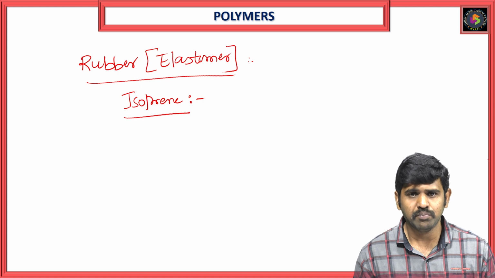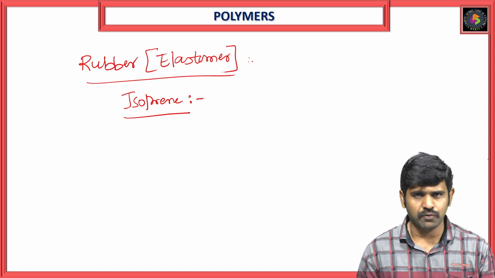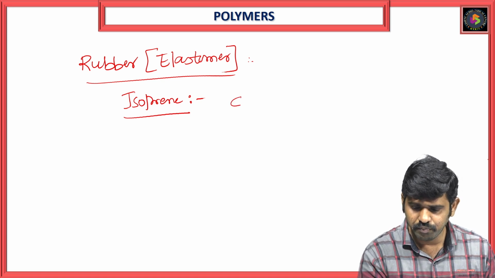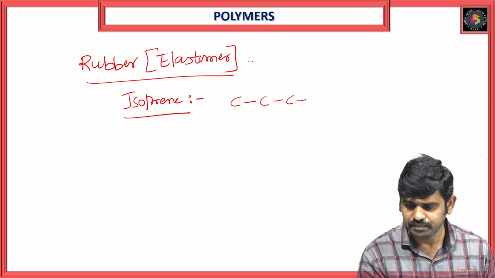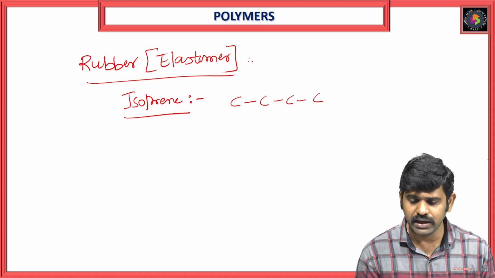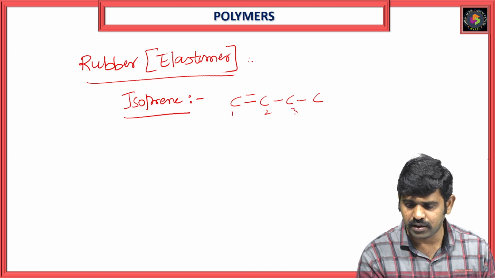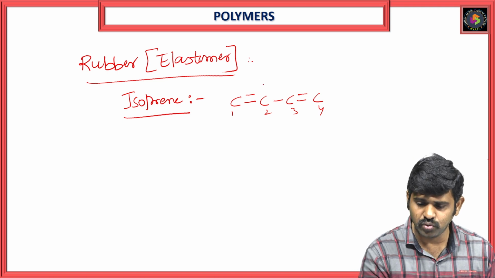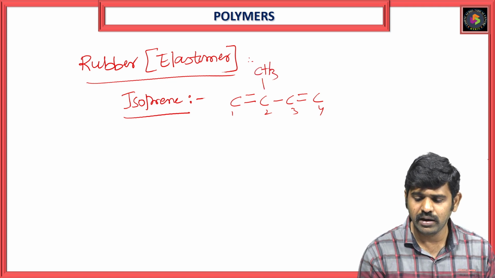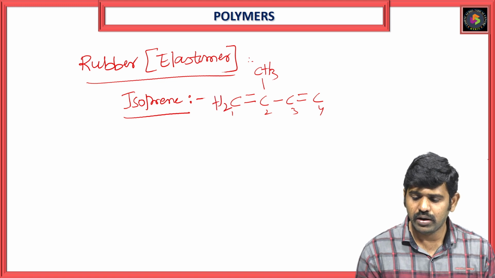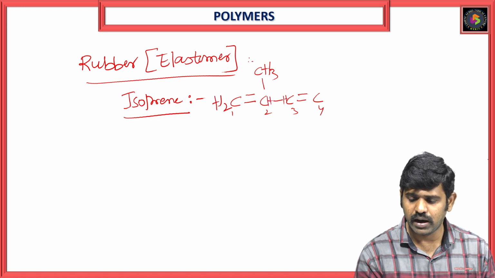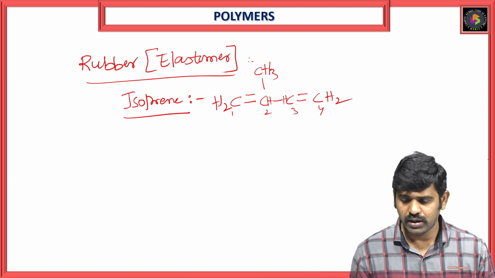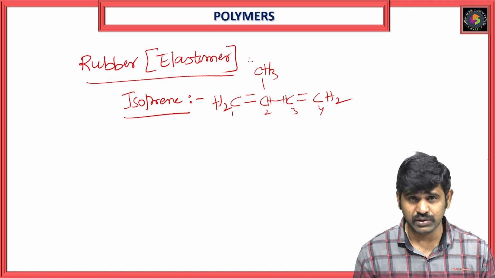But means 4 carbons, and diene, 1,3 diene: first carbon, second carbon, third carbon, fourth carbon, double bonds at 1 and 3. And 2-methyl means a methyl group on the second carbon. 2-methyl 1,3 butadiene is isoprene.